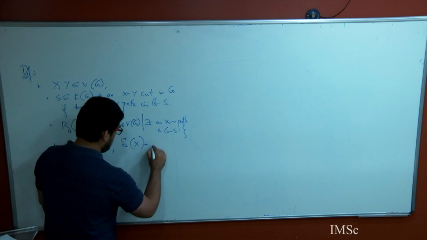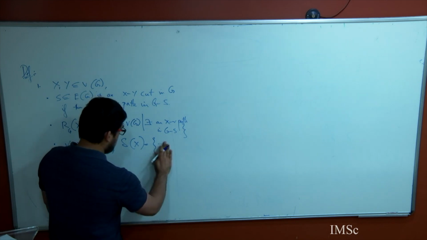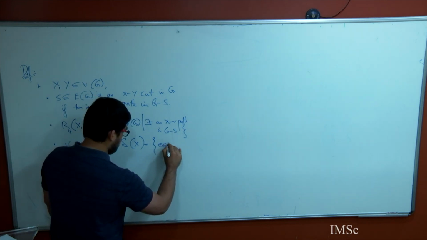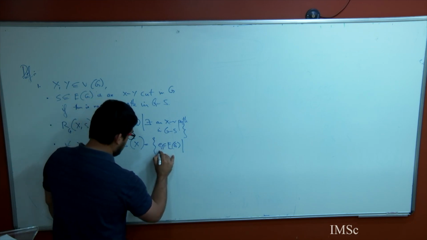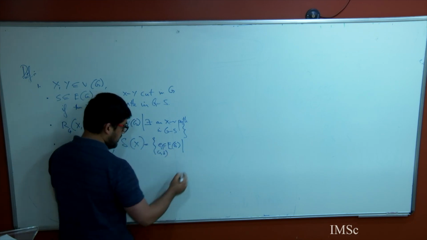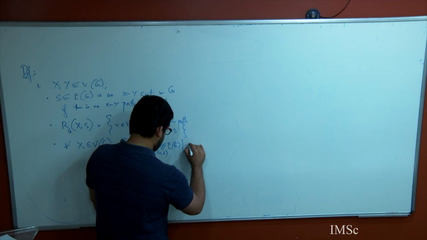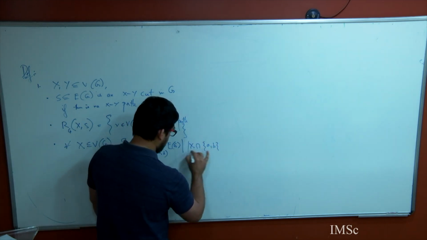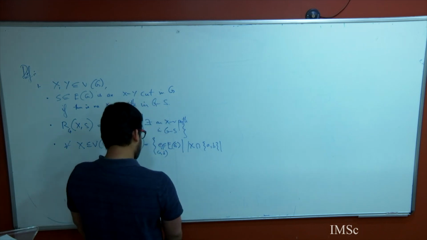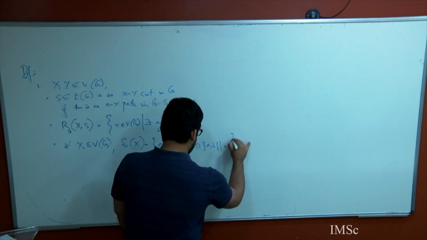So this would be all those, let's see, E equals, I don't know, (a, b), such that the intersection of x with {a, b} has size 1.